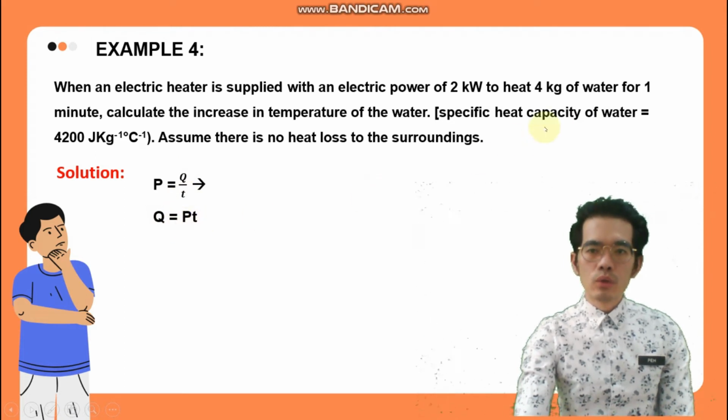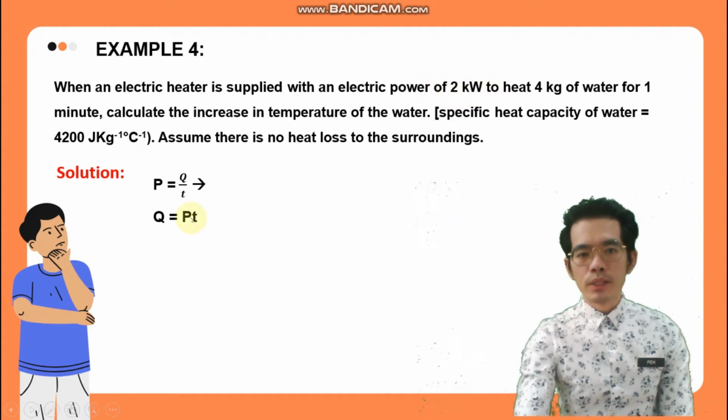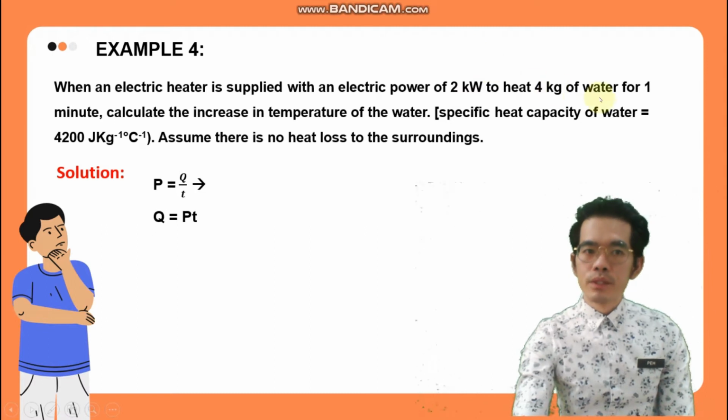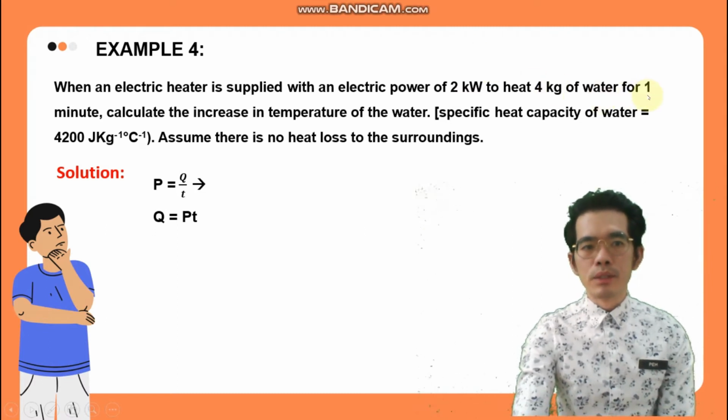We can substitute 2 kilowatt for P, but we need to change the kilo by multiplying with 1000. And the time in minutes we also need to change to the SI unit, which is second, so we need to multiply with 60.